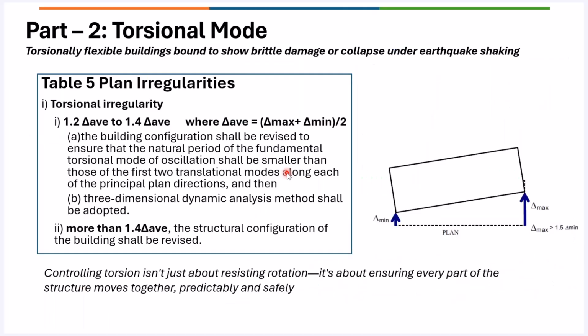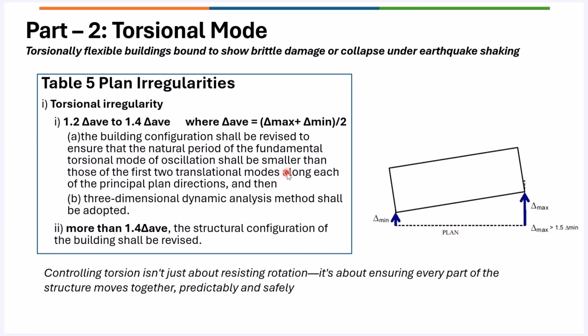Right. Now let's move to part 2 of the presentation, which is the torsional mode. The previous one was for the design consideration. This one is for the characteristics of the building, the dynamic characteristics.